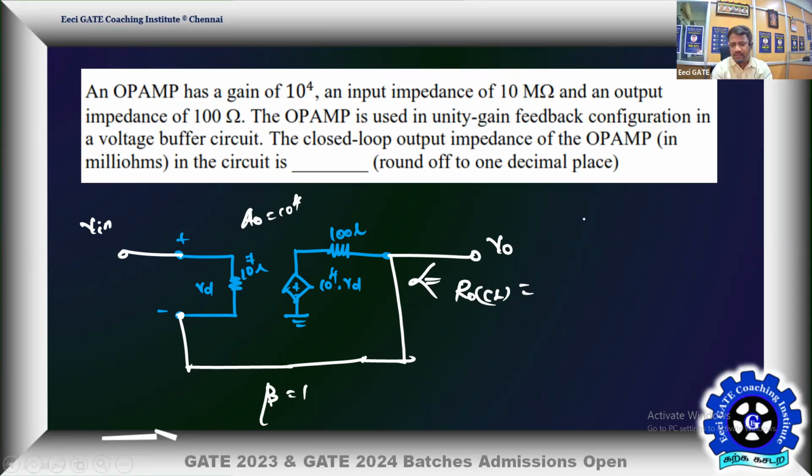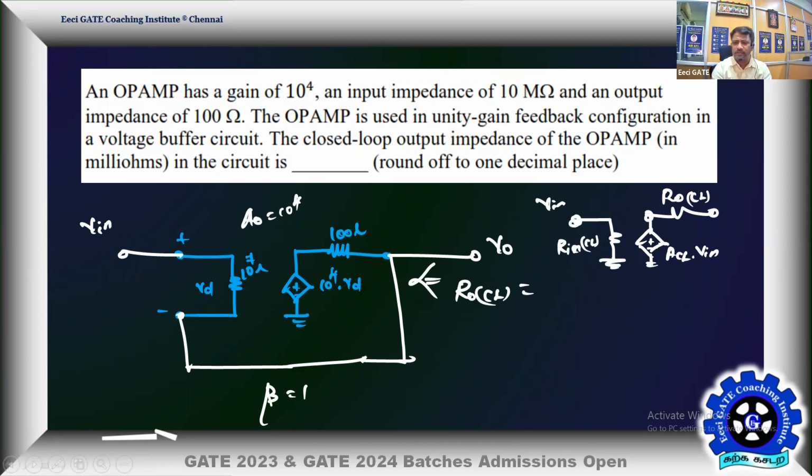If you have a closed loop equivalent, this is your R in CL, this is your Vin. It is sensing your input voltage, therefore R in CL should ideally be infinity for voltage sensing. Similarly, this is the closed loop gain ACL into Vin, and this is going to be R0 CL. If we reduce the overall closed loop structure into this box, the output is a voltage source and the input is a voltage source.